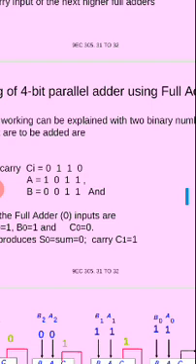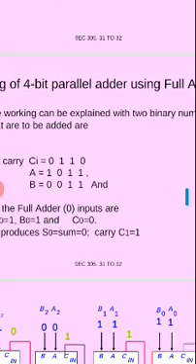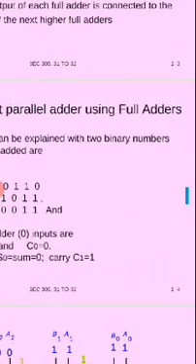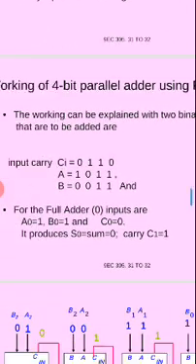Working of 4-bit parallel adder using full adders. The working can be explained with two binary numbers that are to be added: input carry Ci equal to 0, 1, 1, 0, A equal to 1, 0, 1, 1, B equal to 0, 0, 1, 1.